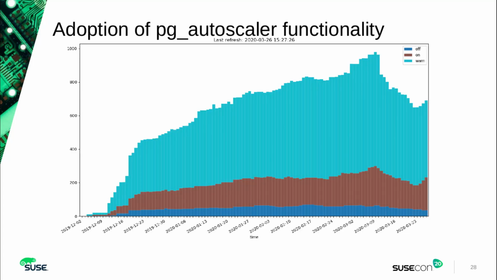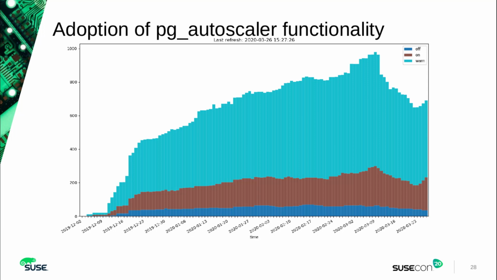The first thing we have to look at is how many clusters out there have actually enabled the PG autoscaler functionality. That was not always reported by the telemetry dataset, so I've cut off the past from this slide because there was no point in showing the slide before that data was reported. And then we can slowly see clusters coming in, reporting the state for this functionality.